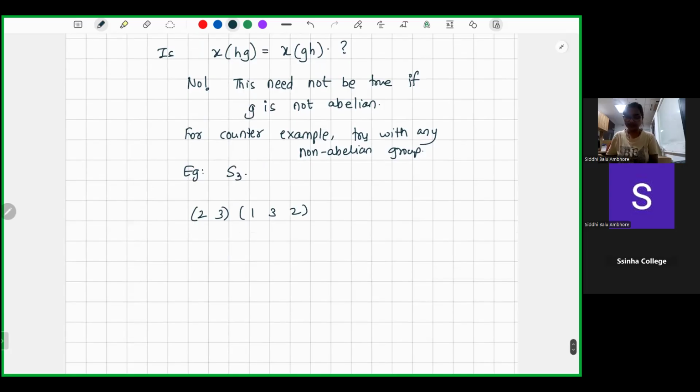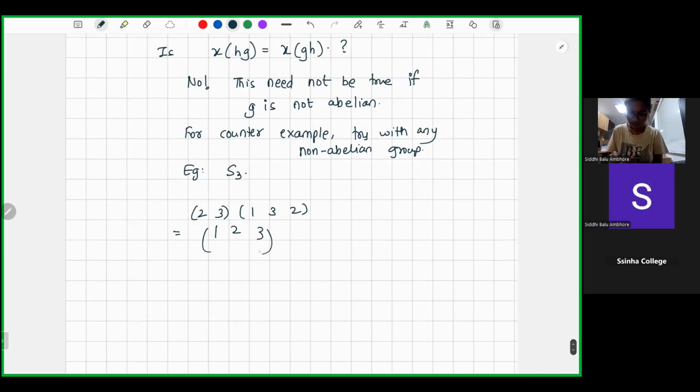I mean, I think this, if I'm not mistaken, is 1 going to 3, 3 going to 2, and let us check this. If my x is just identity, and so my phi g is (2 3) and h is (1 2 3). I don't know whether these two elements commute or not, but let us try.